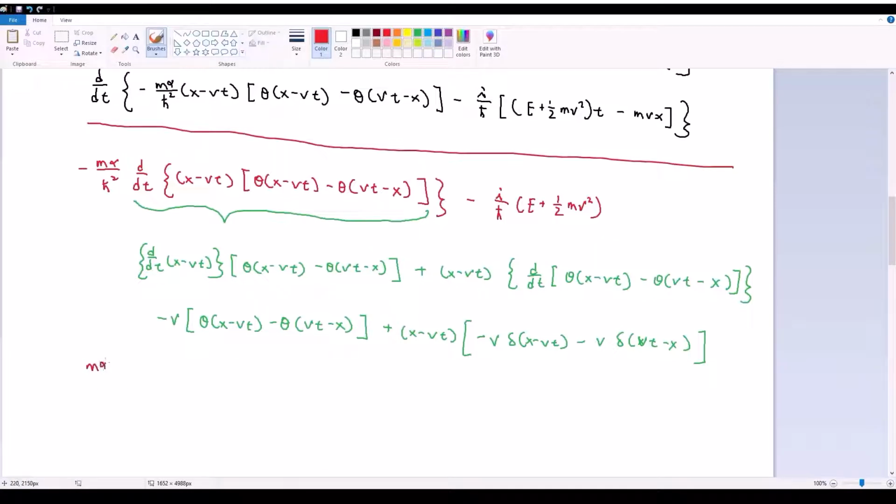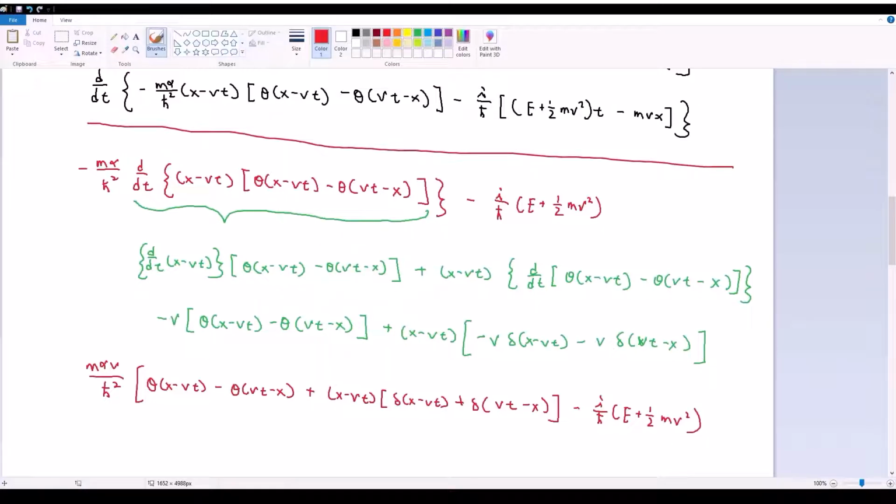So we're going to get m alpha v over h bar squared, and this is going to be multiplied by theta of x minus vt minus theta of vt minus x plus x minus vt times the Dirac delta of x minus vt, or I suppose in this case it would be plus the Dirac delta of vt minus x. And then subtracted by i over h bar times e plus 1/2 mv squared.